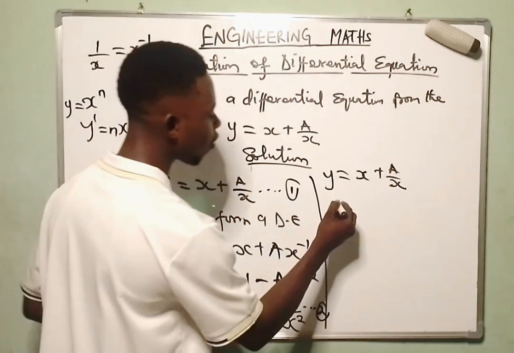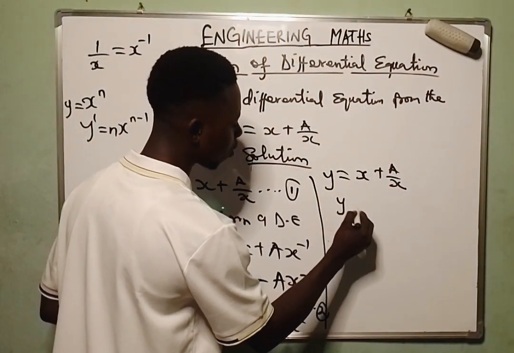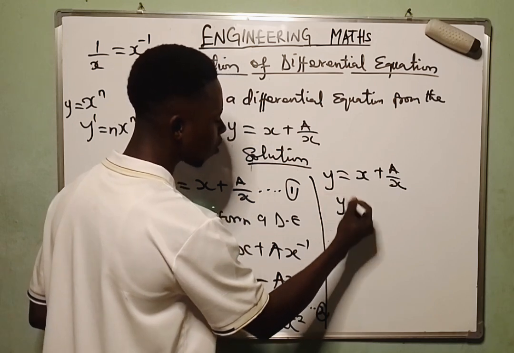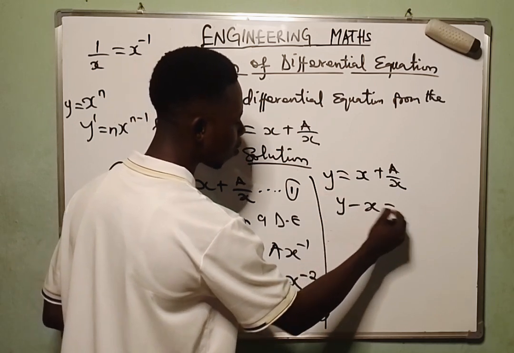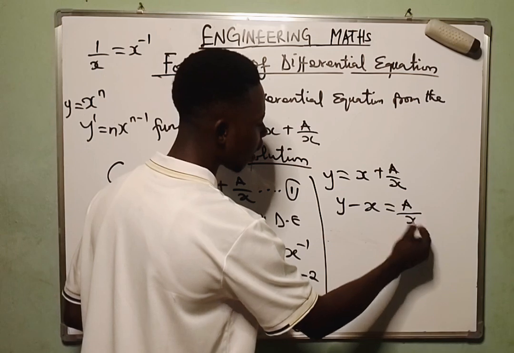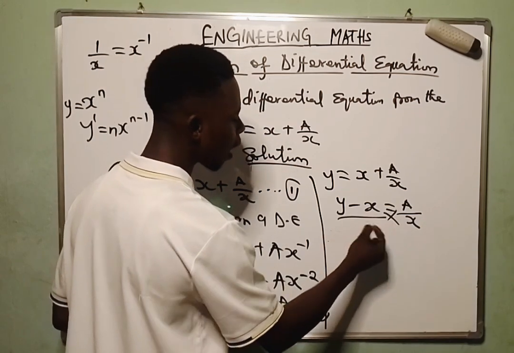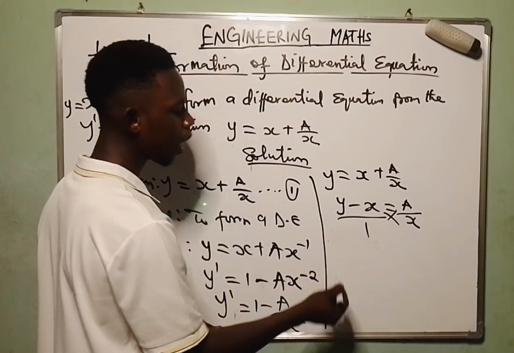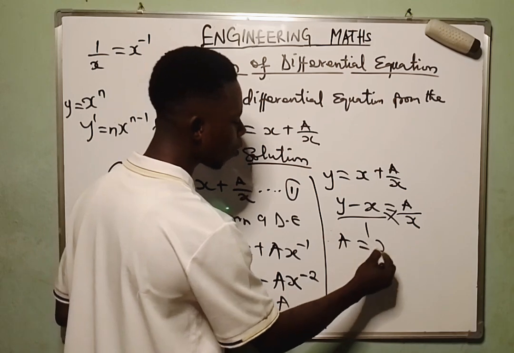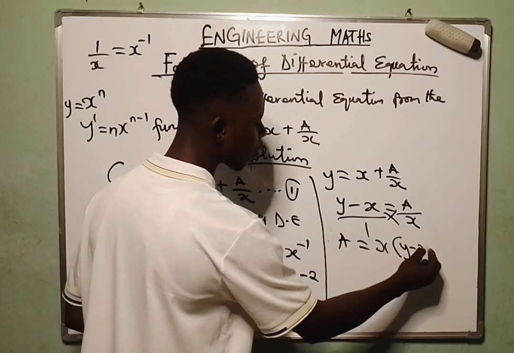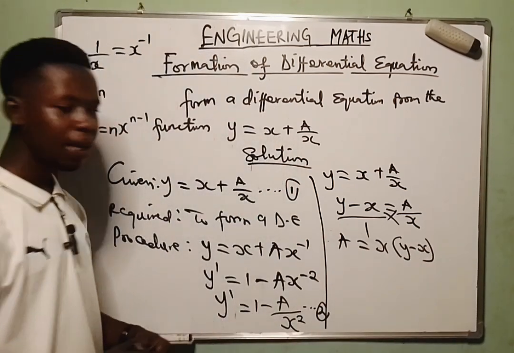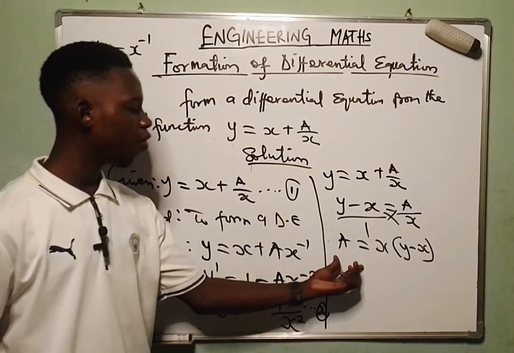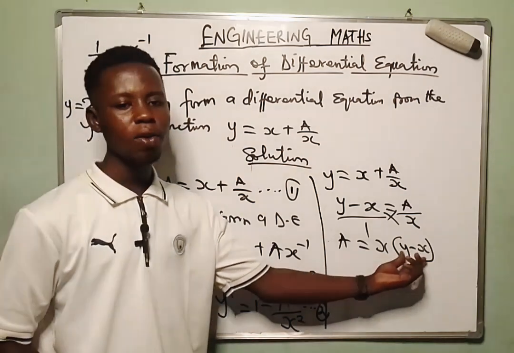When this crosses this side, we have y minus x equal to a over x. And therefore when you multiply both sides, you have a equal to x of y minus x. So the value of a is x bracket y minus x.